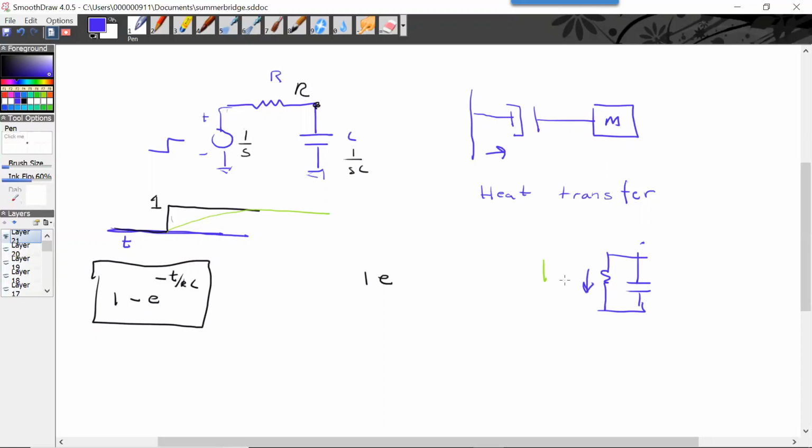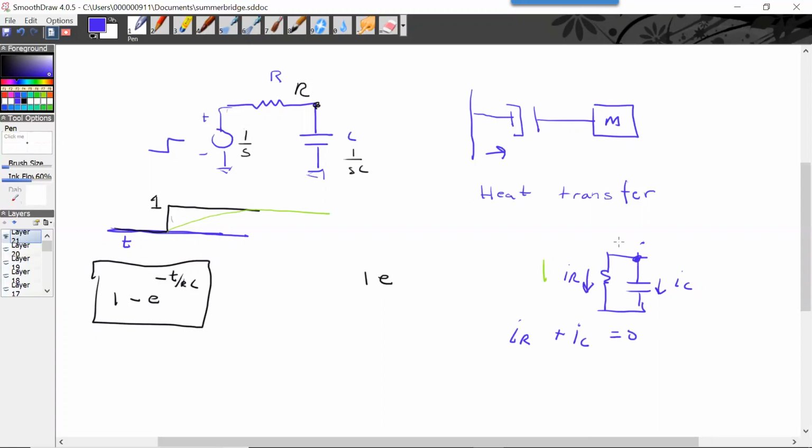And I say, all right, that's IR, and this is IC. Now, this is something called nodal analysis, where the sum of the currents coming into a node equals the sum of the currents coming out of the node. IR is coming out of the node, IC is coming out of the node, so that's still on the same side, and they sum to 0, and that's Kirchhoff's current law, right?